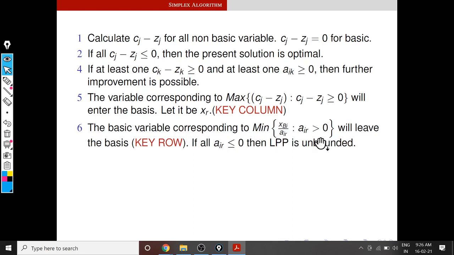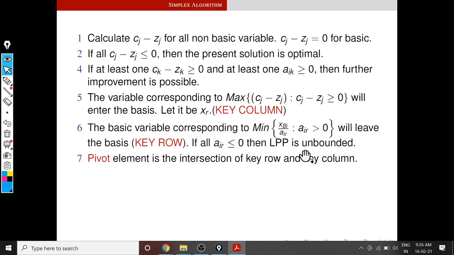If all elements in the column of the entering variable are negative, then the LPP is unbounded. This is the condition for unboundedness.